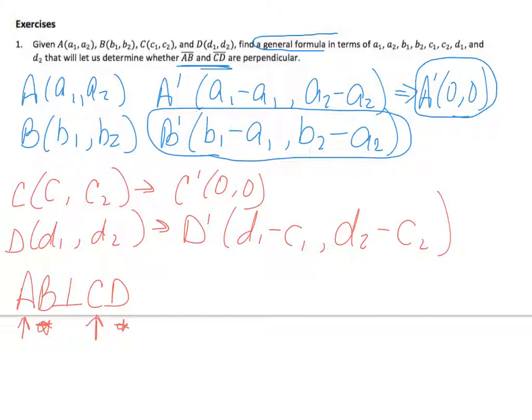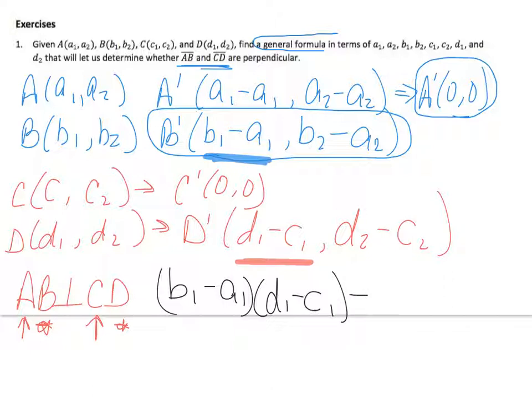So we can go, let's do this. B1A1 times D1C1. Plus B2A2 times D2C2.